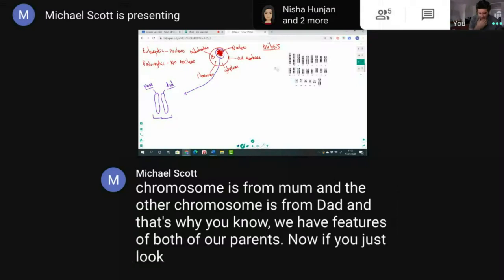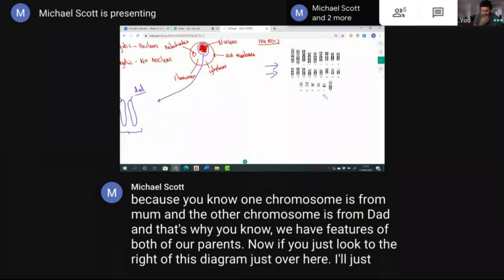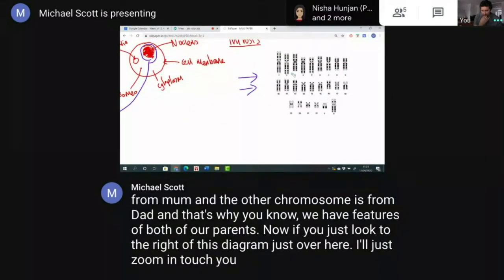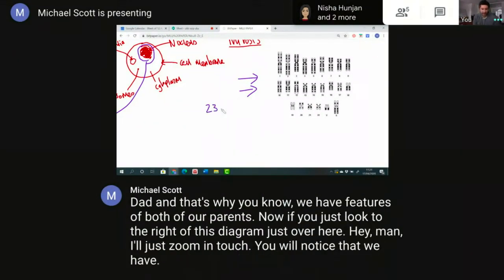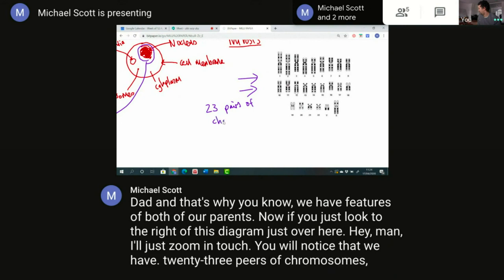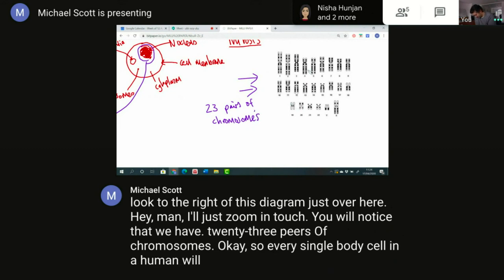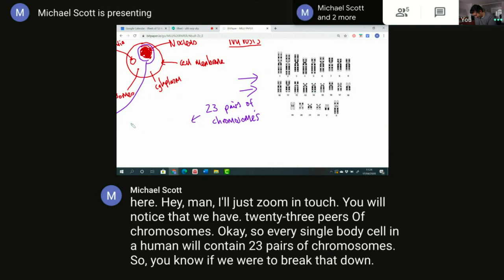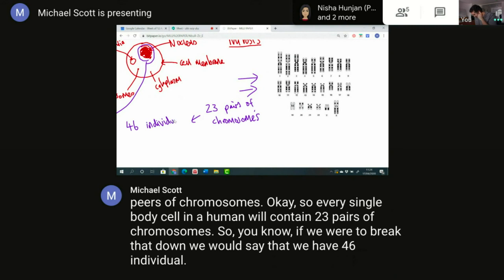If you look to the right of this diagram, I'll zoom in a touch, you will notice that we have 23 pairs of chromosomes. Every single body cell in a human will contain 23 pairs of chromosomes, so we would say that we have 46 individual chromosomes.